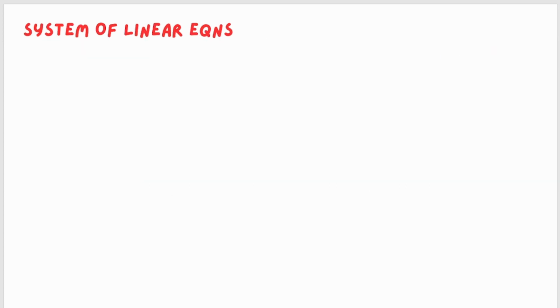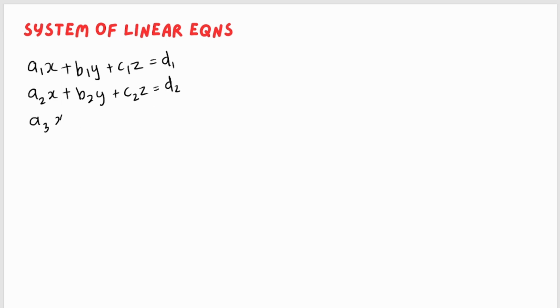Now let us consider the system of linear equations where a1x plus b1y plus c1z equals d1, a2x plus b2y plus c2z equals d2, a3x plus b3y plus c3z equals d3.